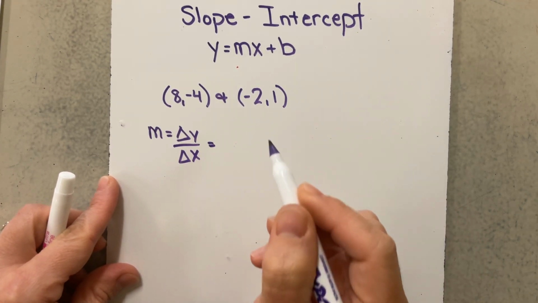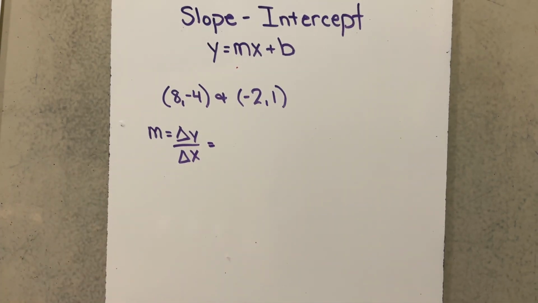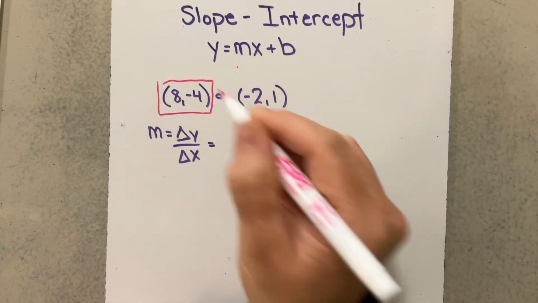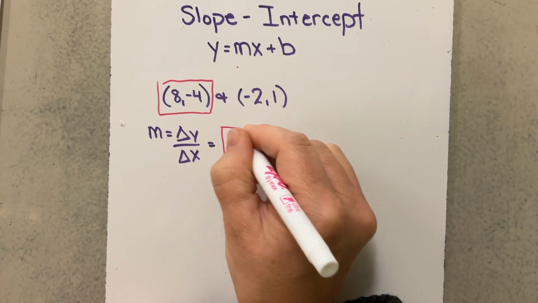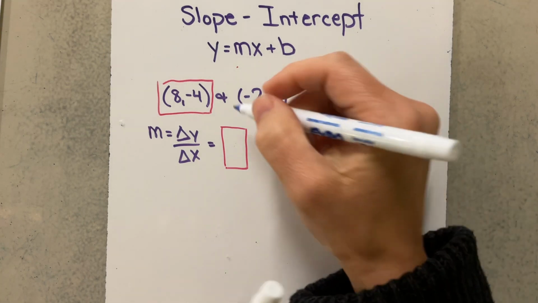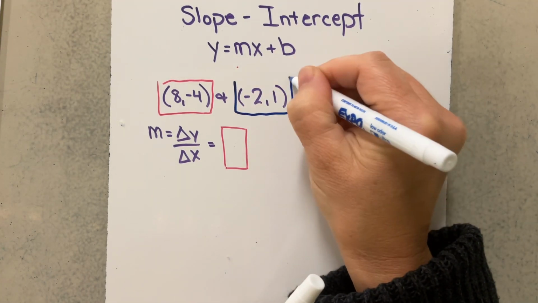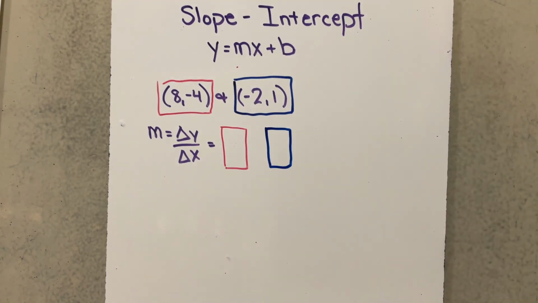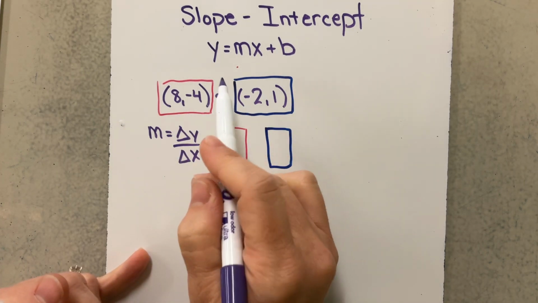Now, the one thing to remember is to keep the ordered pair together. So if I start with this ordered pair, then my next ordered pair, this one, has to stay together. You could do y2 minus y1 over x2 minus x1, or just remember that the ordered pair has to stay together.